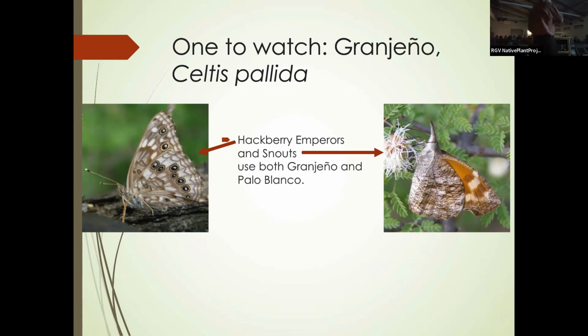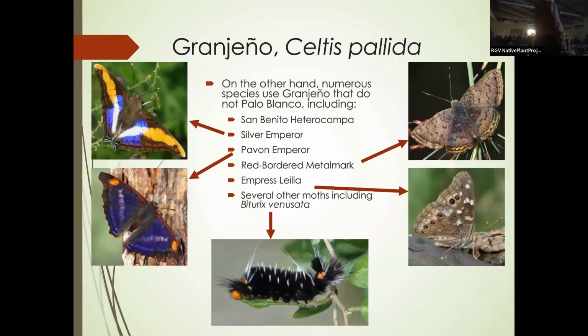Because granjeño, there's a couple of insects that use it and other hackberries. For example, the hackberry emperor is going to use both. But there's a whole host of butterflies and moths that use granjeño that don't use other hackberries, at least as far as I know.